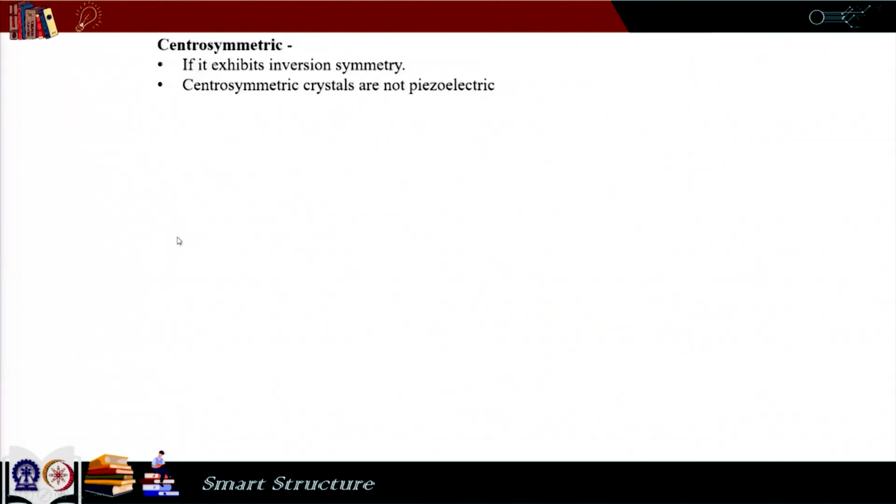So, out of those 32, 11 are centrosymmetric. Those which are centrosymmetric do not show any piezoelectricity. Now, the question is, what does centrosymmetry have to do with piezoelectricity? That we will talk about after a few minutes.